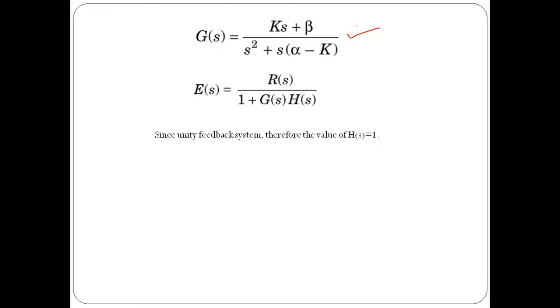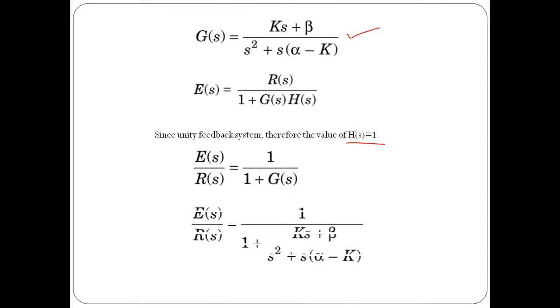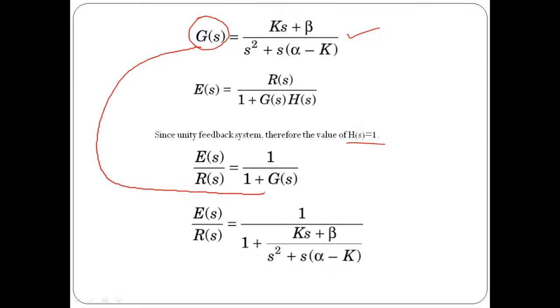Now since it is a unity feedback system, the value of H of s is nothing but 1. So we can write this as E of s by R of s is nothing but 1 upon 1 plus G of s. Or we can solve this by substituting the value of G of s, which we have calculated previously, in this equation. That's it.